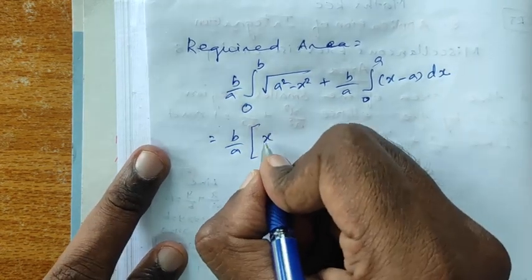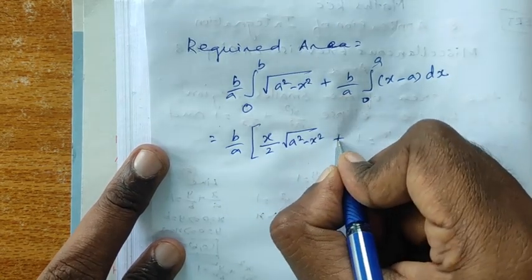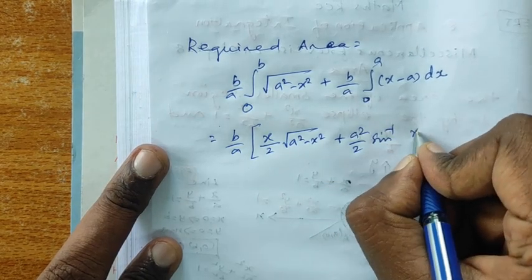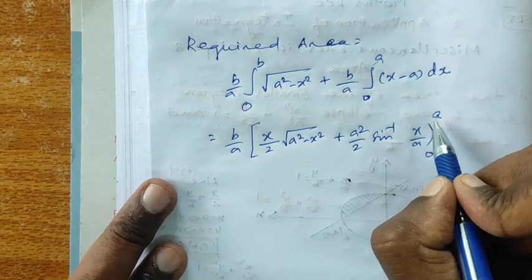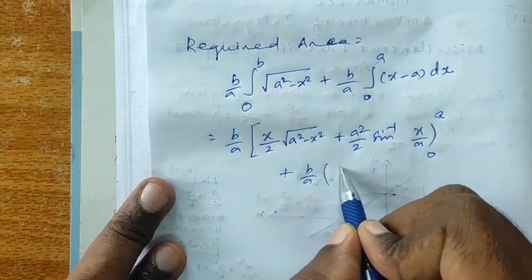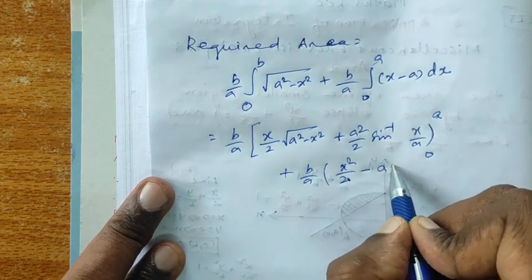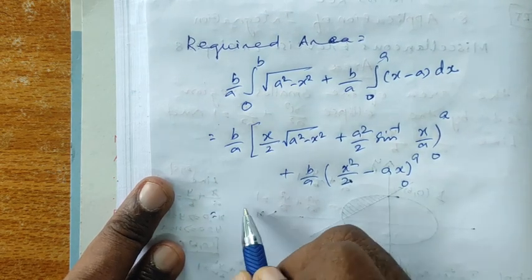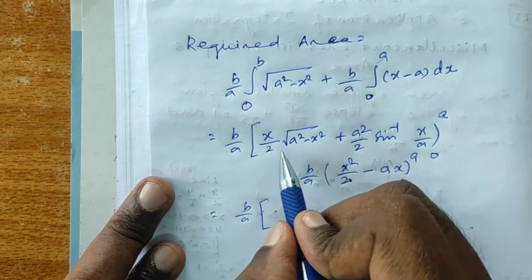So x by 2 into root of a square minus x square plus a square by 2 into sine inverse of x by a over 0 to a, minus b by a into x dx is x square by 2 minus a into dx is x over 0 to a. So which is equal to b by a into a by 2.